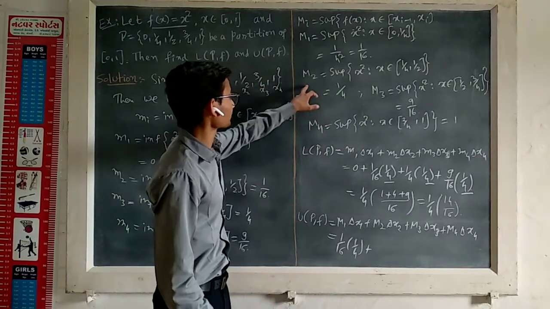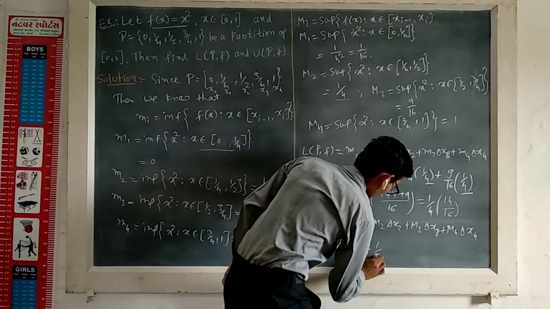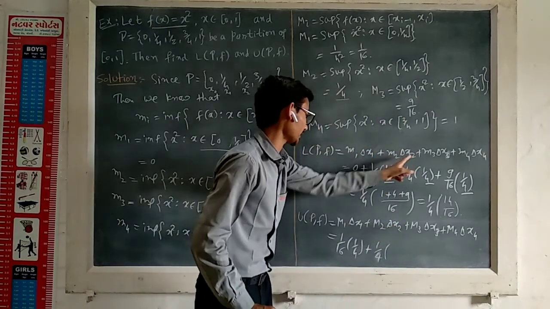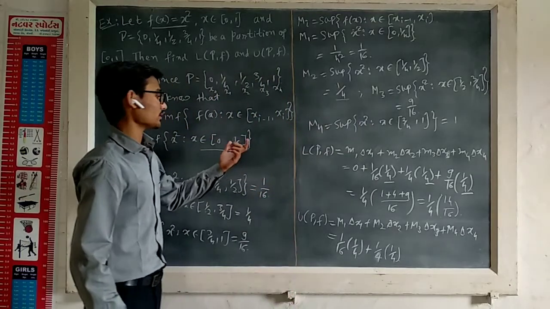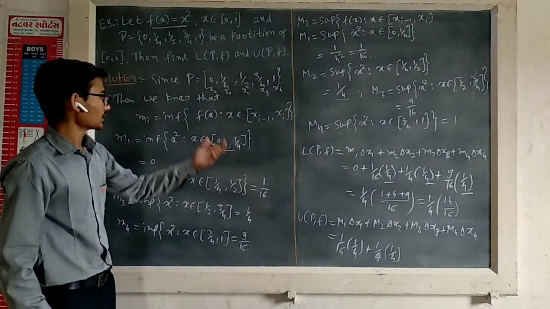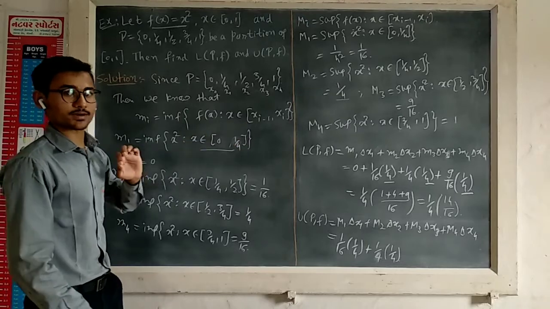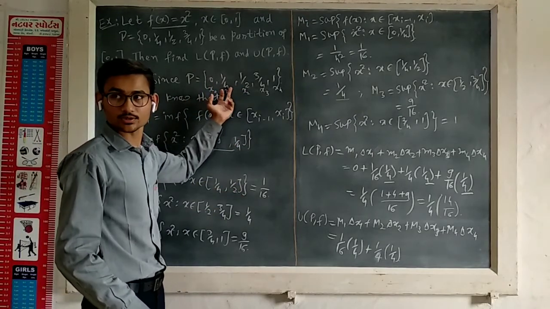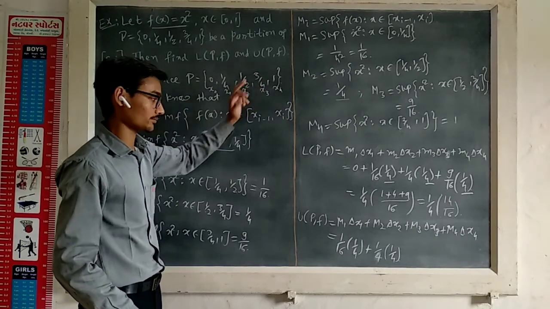Capital M2 is 1 by 4. Delta x2 is 1 by 4. In this example, all delta xi is equal to 1 by 4 because the distance of each subinterval is 1 by 4. 1 by 4 minus 0 is 1 by 4. 3 by 4 minus 1 by 2 is 1 by 4.